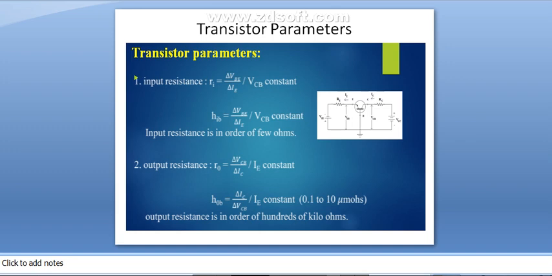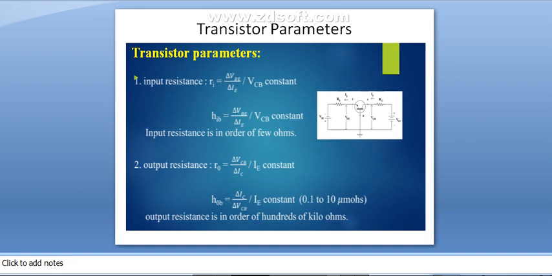In terms of H parameters, it is HIB for common base configuration. Here I represents input, B represents common base. So we can write HIB equal to delta VBE by delta IE when VCB is constant. So input resistance is defined as the ratio of change in input voltage to change in input current, delta VBE by delta IE at VCB constant. Here input resistance is in the order of few ohms.